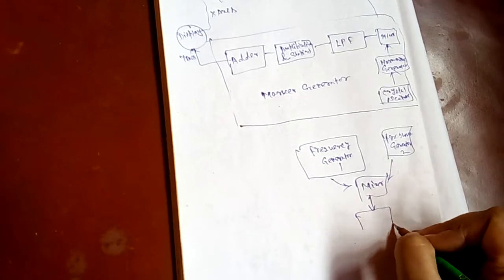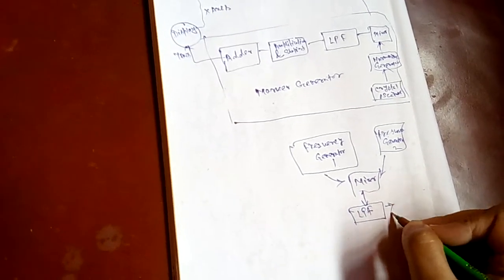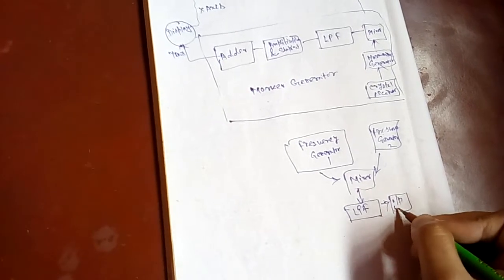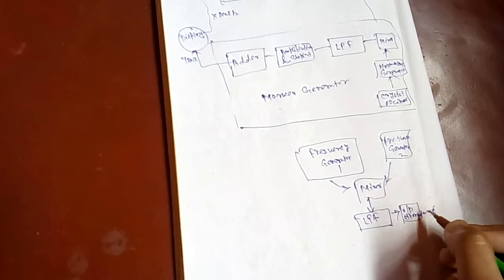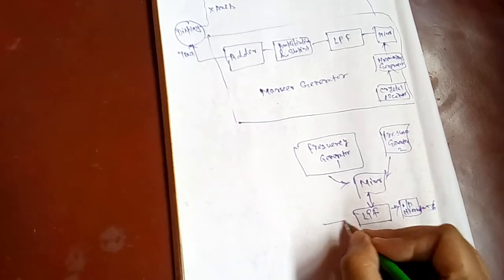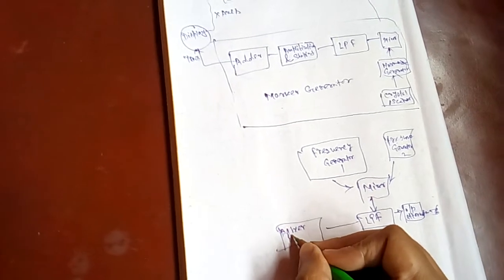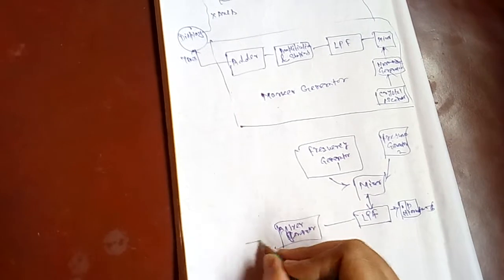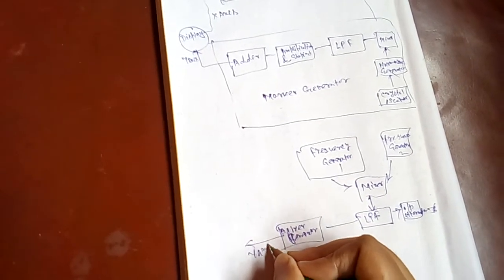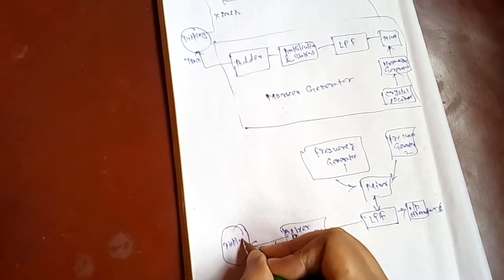Then it goes to the low pass filter, then the output attenuator, same as previously, and goes to the output. On the y-axis there is a mixer generator, mixing the frequencies. This goes to the y-axis of the display, the same as previously.